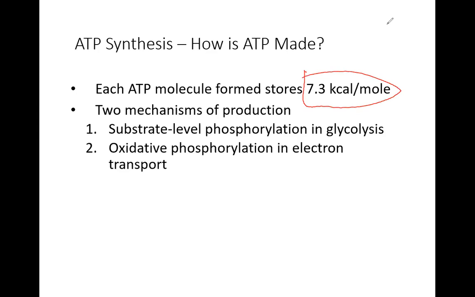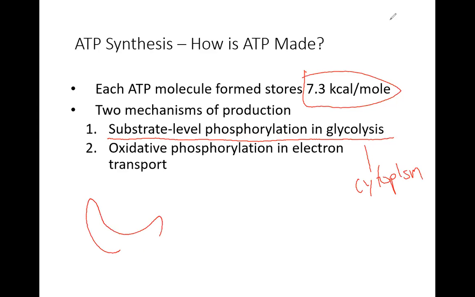Now there are 2 mechanisms that we use. Remember this: substrate level phosphorylation happens in glycolysis in the cytoplasm of the cell. Here's your enzyme with its active site, and the substrates are the molecules that land here.